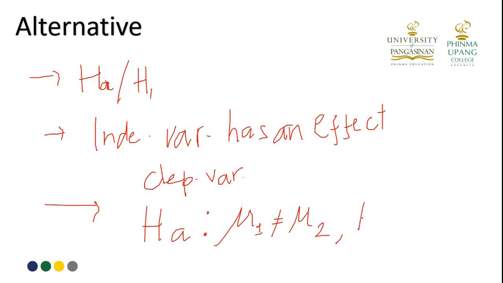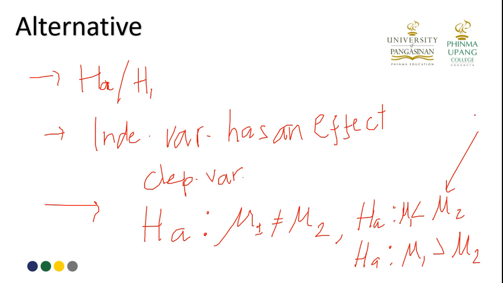Pwede rin siyang maging HA: mean 1 less than mean 2, and meron din tayong greater than: mean 1 greater than mean 2. So, these are the symbols for alternative hypothesis. So, madali lang tandaan yung kanilang difference, no?